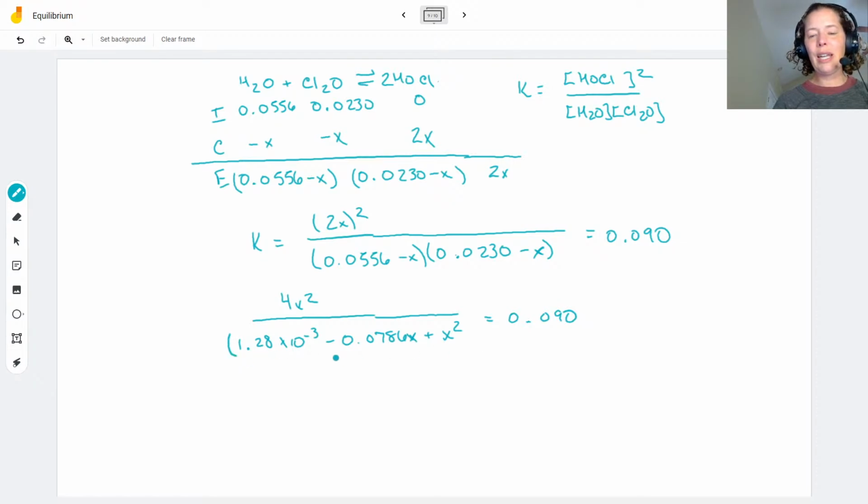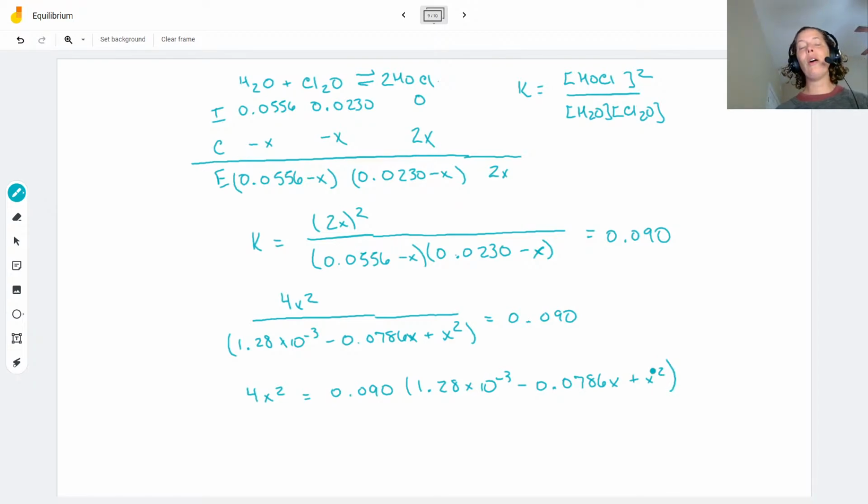Okay, so I'm going to take my denominator over to the other side. So this is going to be 4x squared is equal to 0.090, again, times this whole quadratic. Oops, sorry, my bad. Because what we've got to do is simplify this and combine like terms to get to our quadratic.